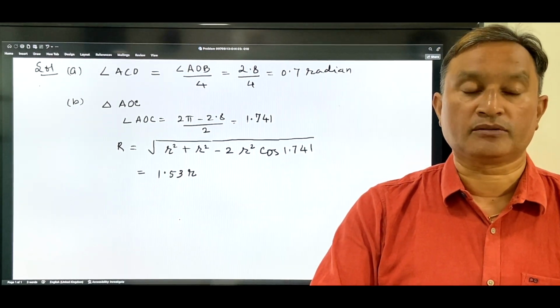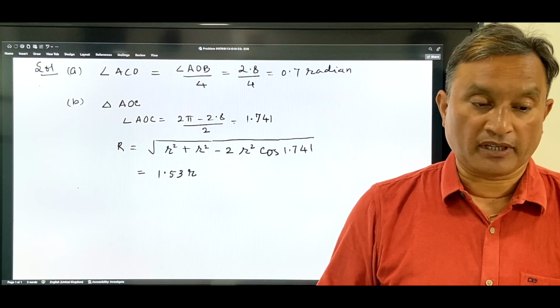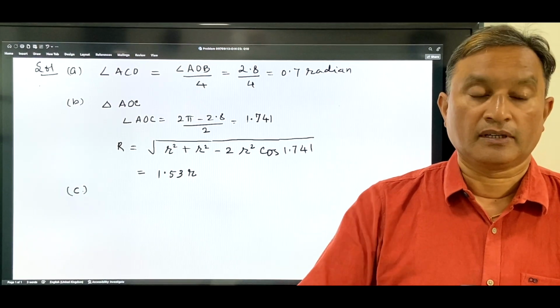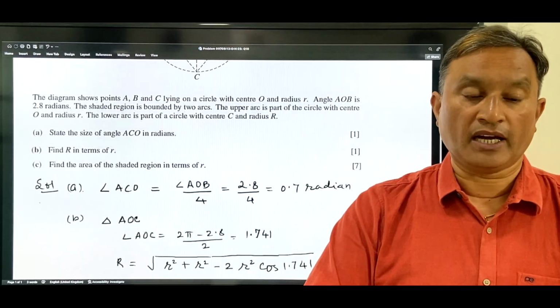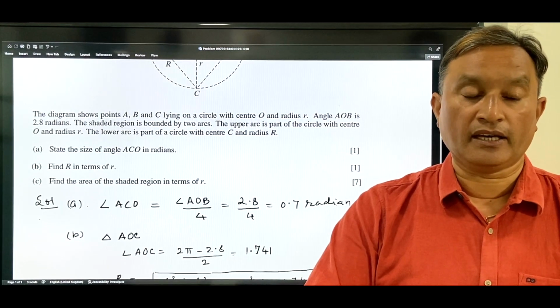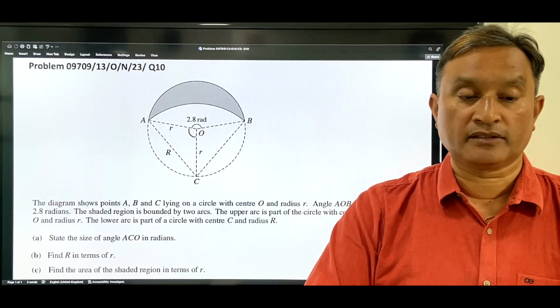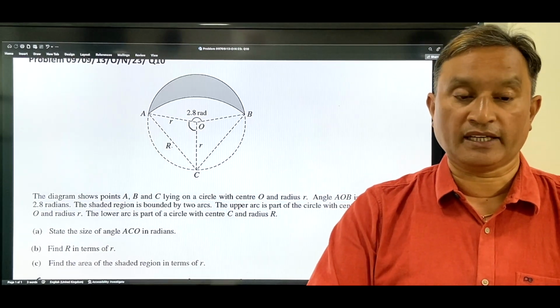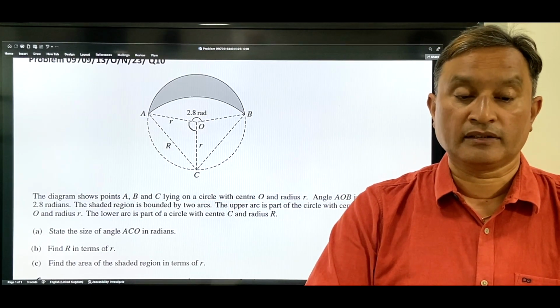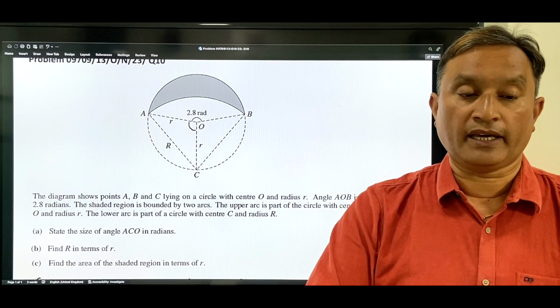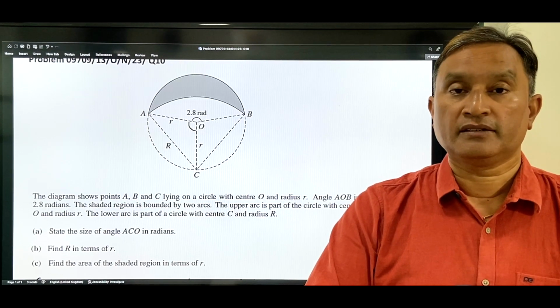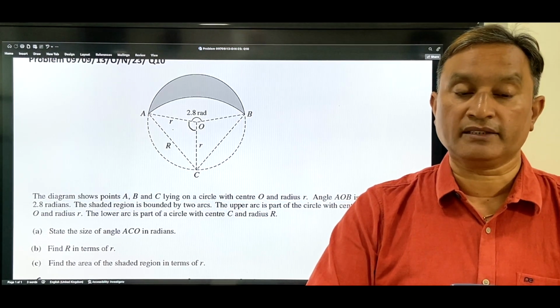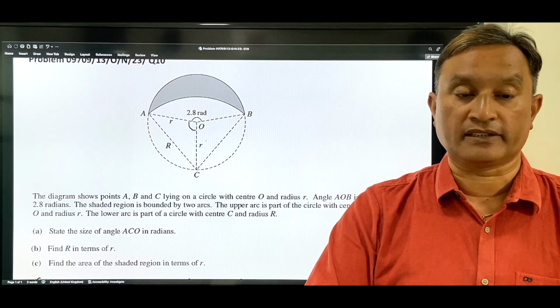Now we will proceed to C part here. In C part, we have to find the area of the shaded region. So first of all, we will be finding the area of the sector CAB, and then we will subtract the area of the triangles.